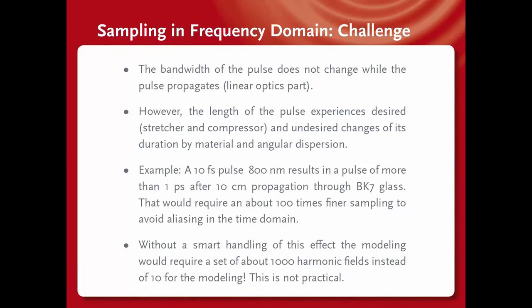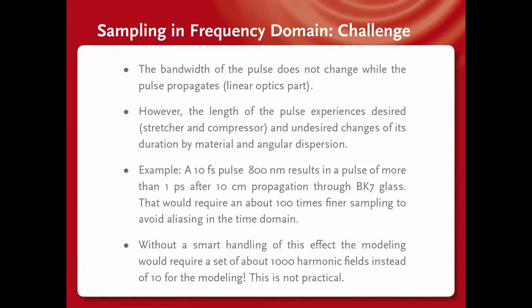And now the challenging task is, okay, what happens if the pulse experiences desired or undesired changes. So for example, desired changes might be a stretcher or a compressor, and undesired changes might be due to material or angular dispersion. So for example, if you take a 10 femtosecond pulse at a carrier wavelength of 800 nanometer, this will result in a pulse with more than one picosecond pulse length after it has propagated through 10 centimeter of BK7 glass.